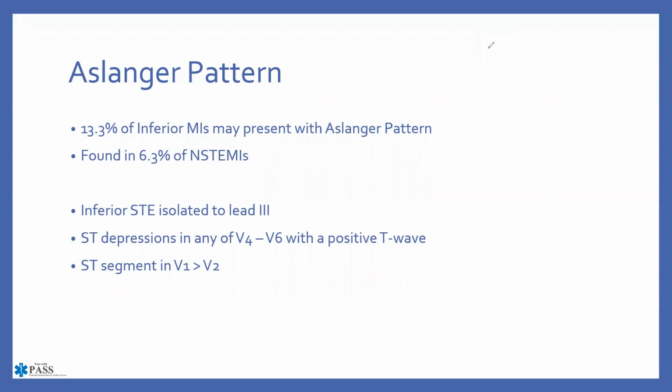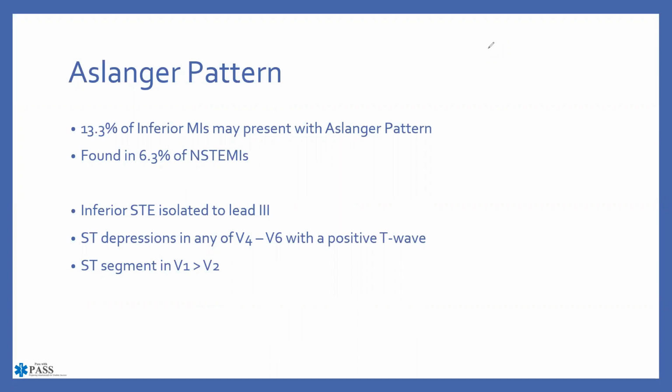So about 13% of inferiors present with this Osler's pattern, and it is also found in about 6% of non-STEMI patients. So of the patients that are showing non-STEMI EKG patterns, this Osler's pattern is about 6% of those. Inferior ST segment elevation is isolated to lead 3.